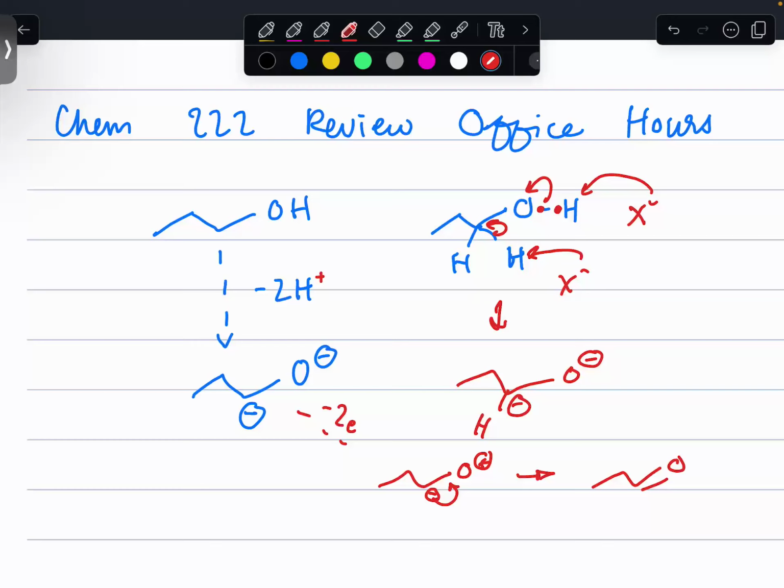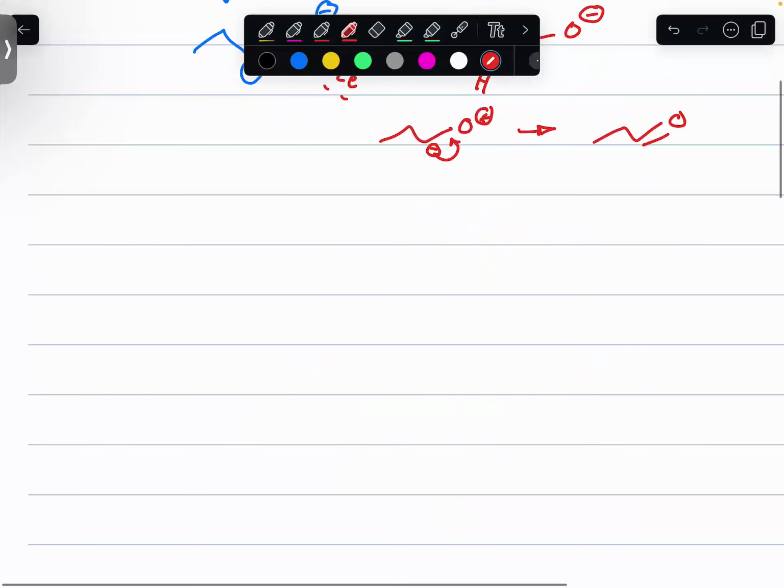You said one else has multiple products: electrophilic aromatic substitution. That will have multiple products when you have directing groups. So when you have an electronegative atom attached, like a benzene ring that has an O here, the electrons on this can direct.